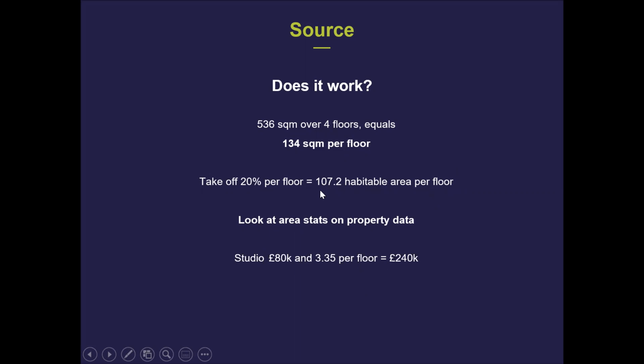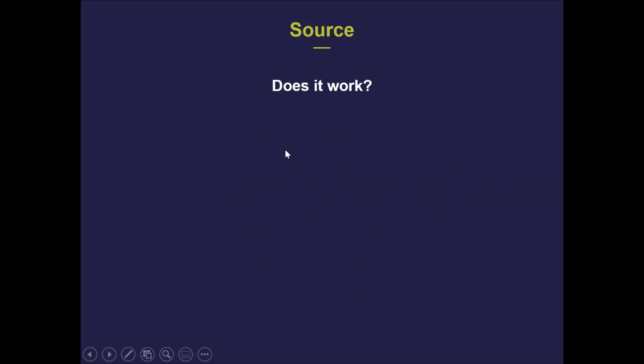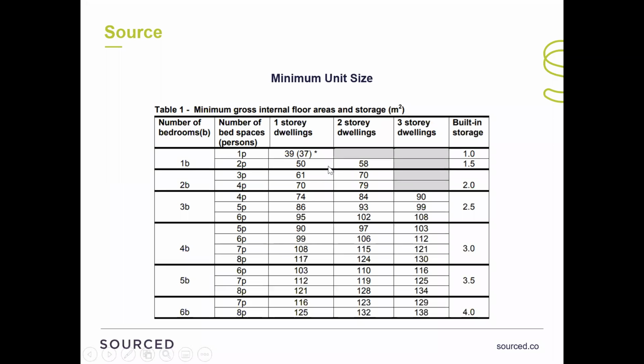You know that 107.2 square meters per floor means that a studio, so let's just nip back quickly to see what a studio would be, because we didn't mention that. Studio is 39. So 1 bedroom, 1 person, 39 square meters.